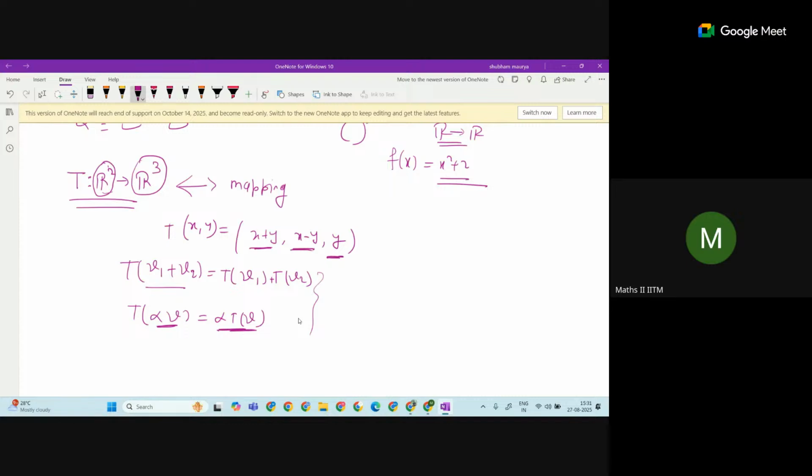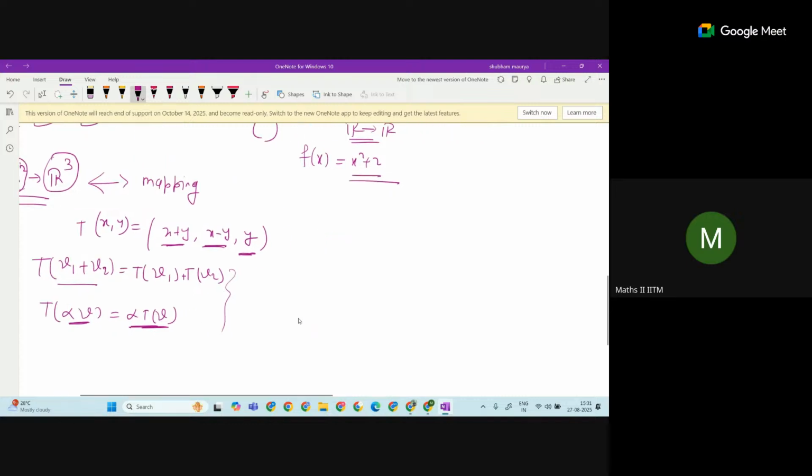All of you are from a maths background, at least in 12th. Even in 11th and 12th you have seen the matrix. A matrix is nothing but an array, with numbers written in arranged form. But there is a relation between the matrix and the linear transformation.